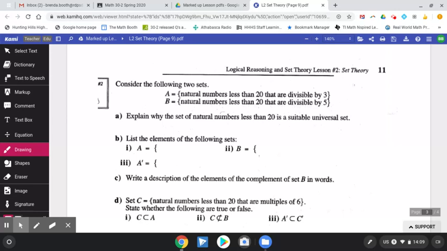So our very first job here, we should make sure we know what natural numbers are. Natural numbers are the numbers that you naturally learned when you were little. When you were counting things, it started at 1, and then 2, 3, 4.